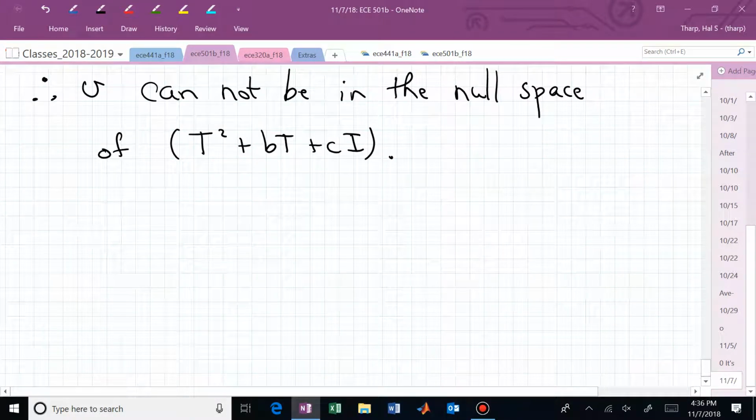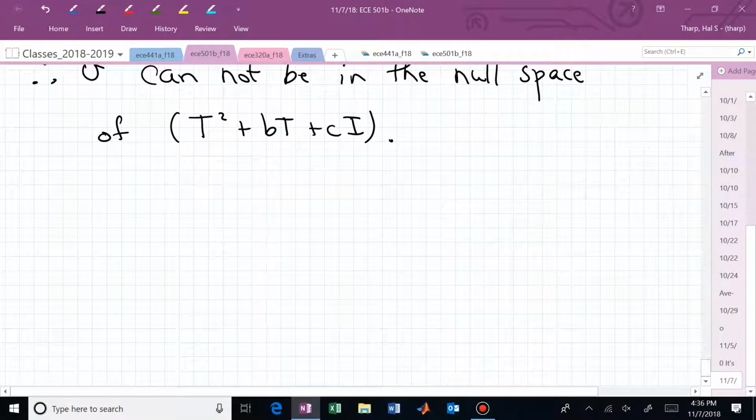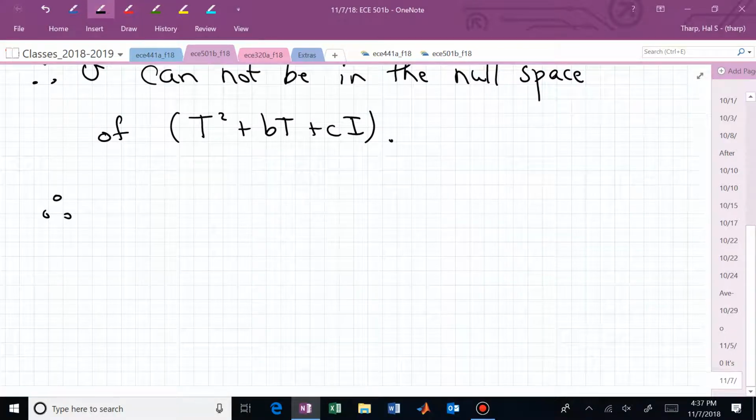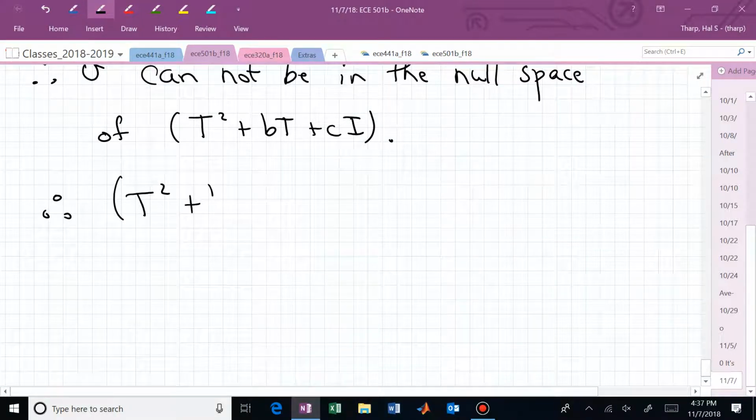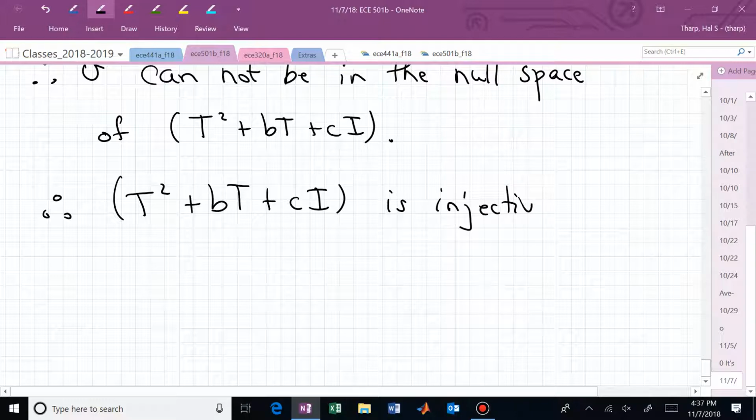So now we can go back to that one theorem that makes this equivalence between injective, surjective, and invertibility. So now we know, or we can say, therefore, since this has a trivial null space, that operator t squared plus bt plus ci is injective.